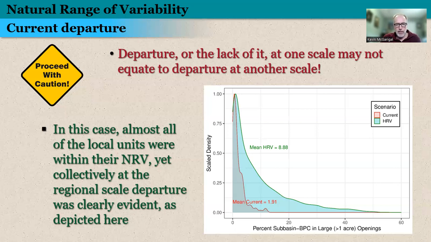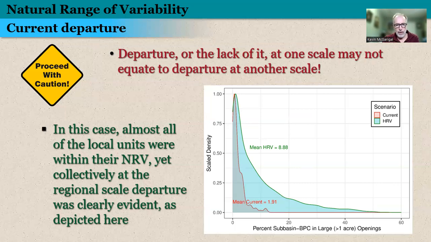So that represents the distribution across these local units at this kind of more regional scale. And in the blue or green, the distribution under that curve represents the HRV or the NRV distribution. And you can see it's much broader and extends to much greater sizes on the x-axis. And in fact, if we calculate the mean, under the current condition it was a 1.91. And the mean under the HRV or NRV condition was an 8.88.